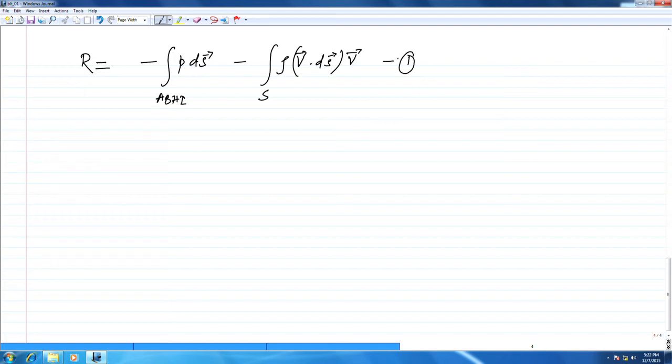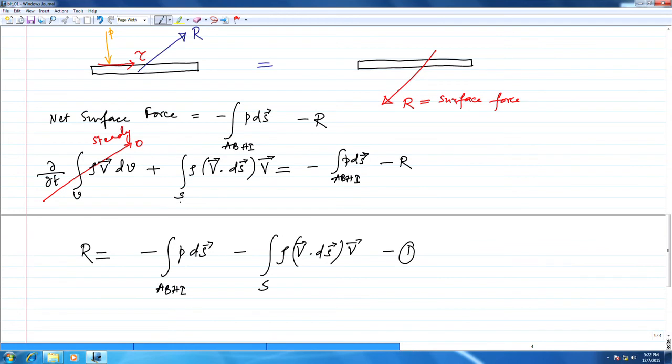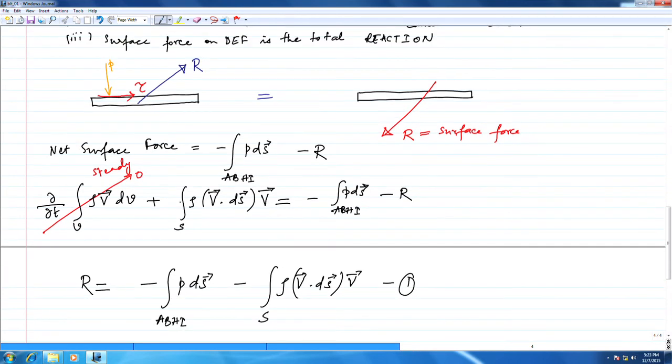Now, we are going to go about it the way we have been doing so far. This equation is a vector equation, as you can see. Our main objective here was to calculate drag. This is the total surface force. What we have been able to do is get this expression 1 using the momentum equation, and also understanding that the surface forces result as a reaction to the pressure and shear forces.